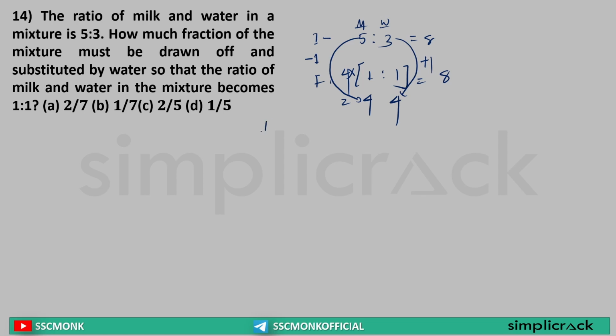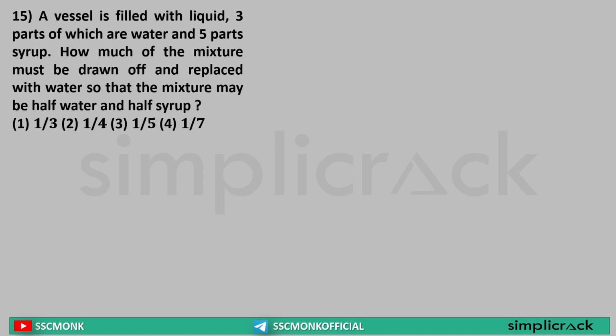So one part of milk was taken out, of total milk 5 part. So this is the fraction of milk taken out of this mixture, that is option D. This is how you will be answering the question, and this is the shortest possible method to solve such questions. Remember this methodology.